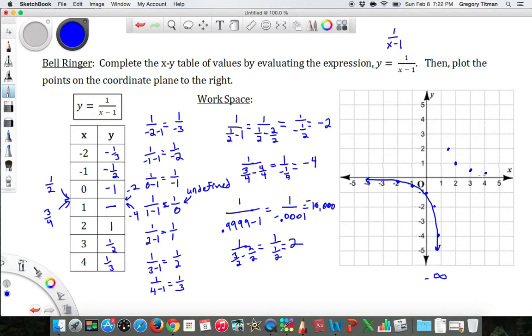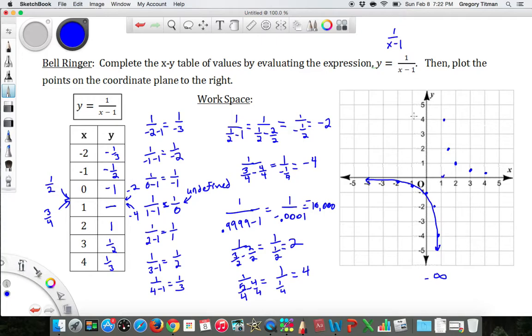Again, that's consistent with the pattern emerging here. And if we try something even closer to 1, let's try 5/4, 1 and 1/4, we would get 1 over 5/4 minus 4 over 4, which is 1 over 1/4, which is the same thing as 4. So at 5/4, I have a point up here at positive 4.